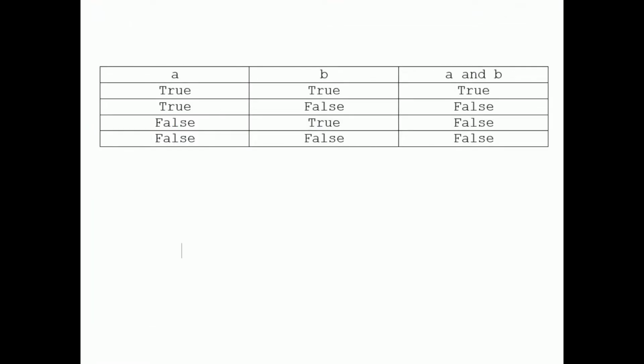This can be succinctly communicated in a truth table, a table that shows the possible operands to the and and the outcome. If both of my operands evaluate to True, the entire expression A and B will evaluate to True. But you can see that if either operand is False, or if both operands are False, the entire expression evaluates to False.